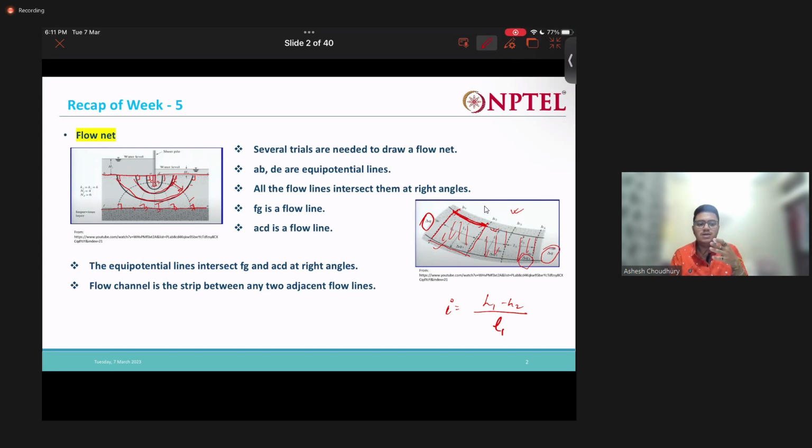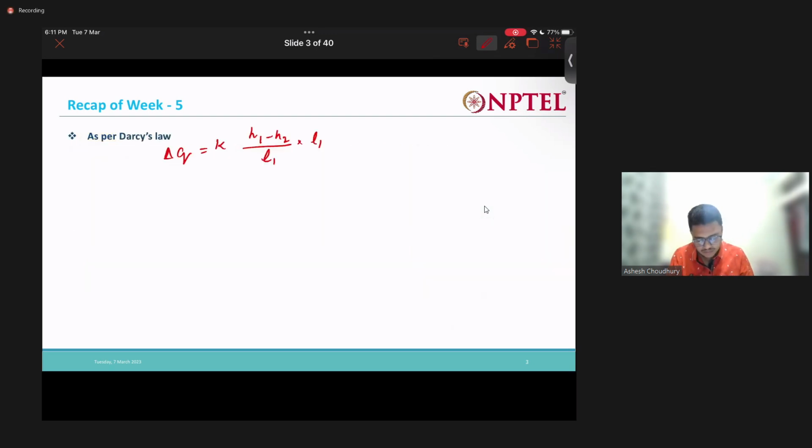That is the direction perpendicular to the screen, right? So it is unit cross-sectional area. What is my area? Area is nothing but L1 into 1, unit length, because we are considering per meter length of the hydraulic structure, so the flow is per unit length.